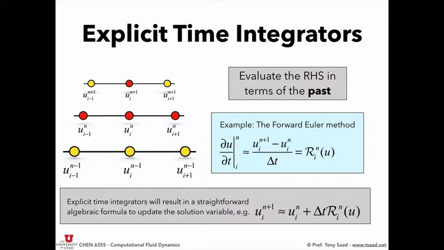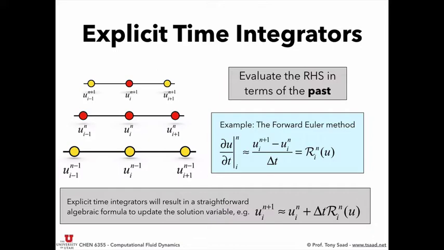It's just a simple algebraic update at each and every point in space. Okay? Be very attentive to the time level we are using here. This equation needs to be evaluated at the same time level and the same point in space. Remember, this has derivatives in it, but they're all going to be evaluated at n in this case.